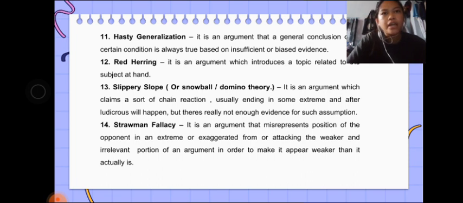Example number 1 is, a congressman who does not support the proposed national minimum wage increase hates the poor. Then example 2, a mandatory helmet law for motorcycle drivers could never be enforced. You can't issue tickets to dead people.